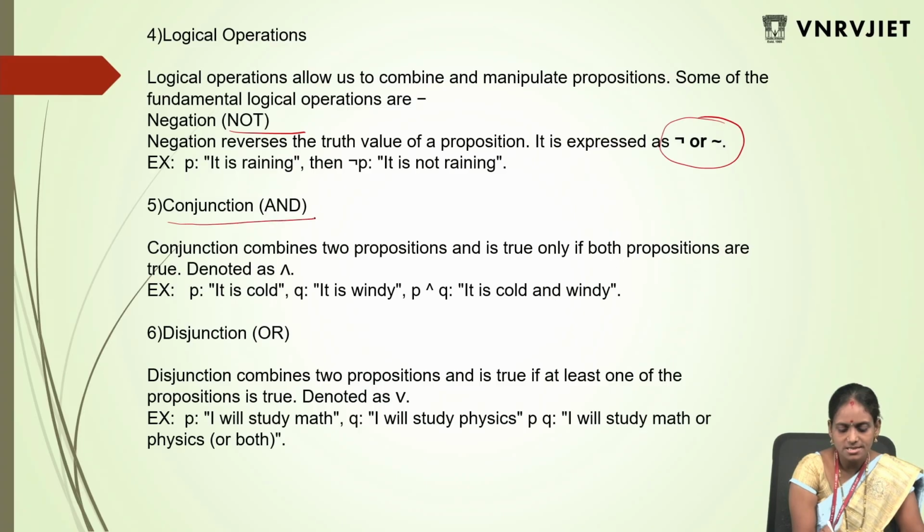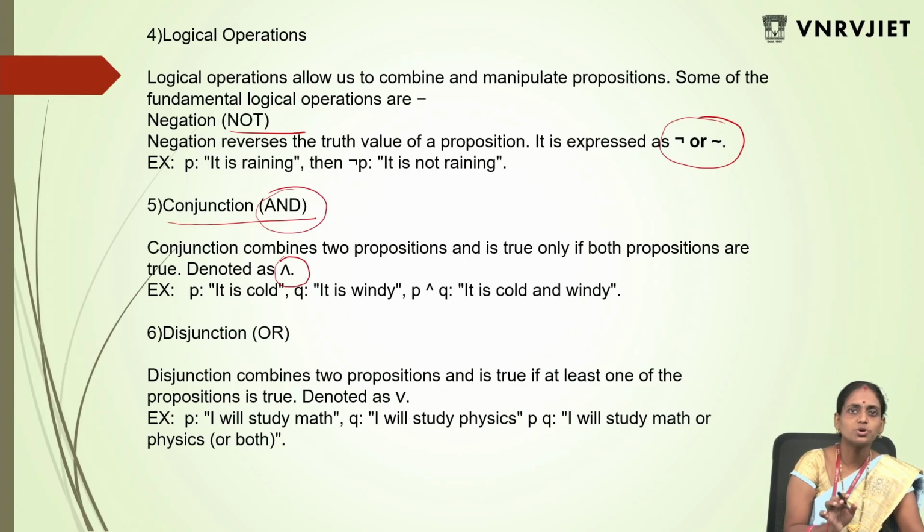And next representation is conjunction. This can be represented with the term and, and the symbol for representation is shown here. So how are we going to use this conjunction? When we use this and word, if you have more than one statement, it will come under molecular statements.